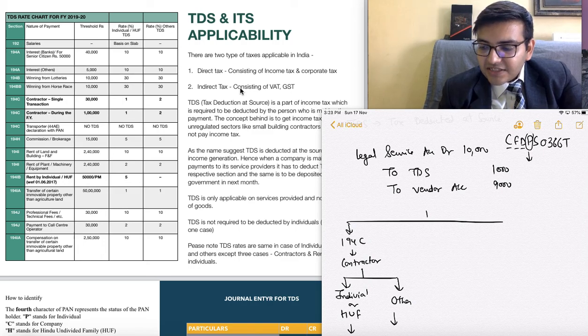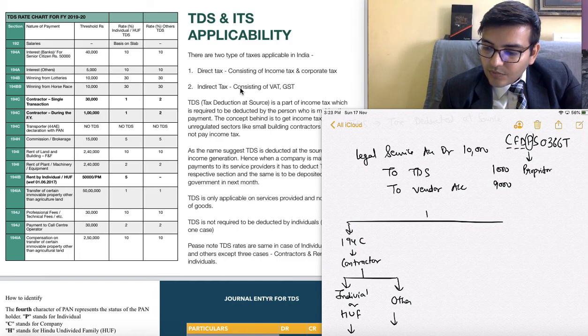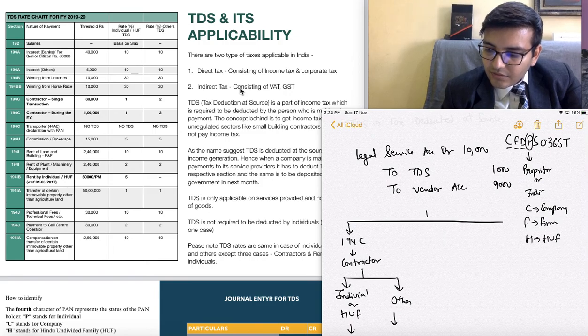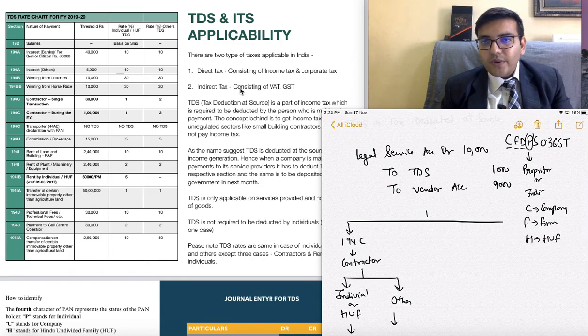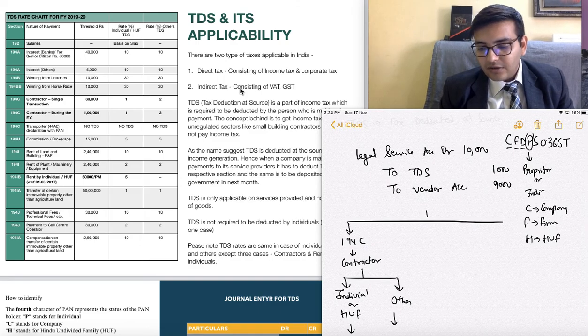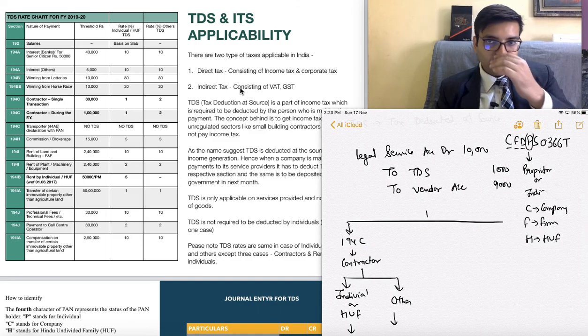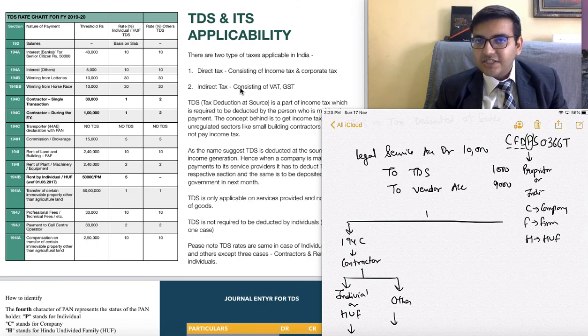P means proprietor or individual. If it's a C, then it is a company. F, firm. H, HUF, right? This is how we determine whether the contractor is an individual or HUF or any other, the status of the contractor, and then we decide the rate.